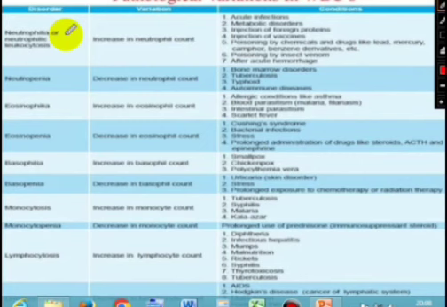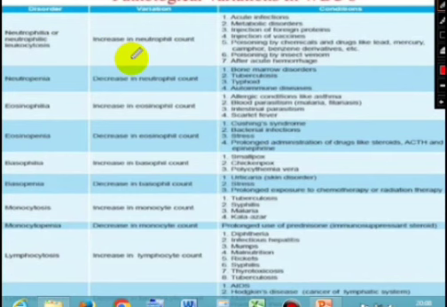Leukophilia simply means increase in white blood cell count, whereas leukopenia simply means decrease in white blood cell count. So this will guide you. Remember, we have different types of white blood cells.